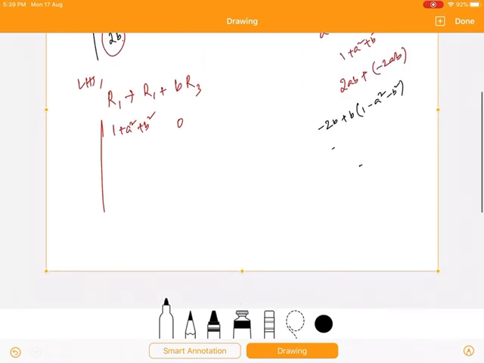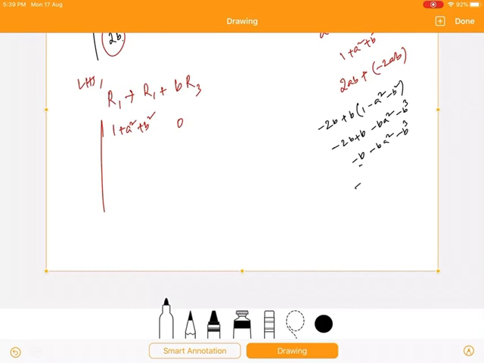So this one becomes minus 2b plus b minus b a square. Wait. This one will become plus b minus b a square minus b cube. Yes or no? So now minus 2b plus b becomes minus b, minus b a square, minus b cube, right?